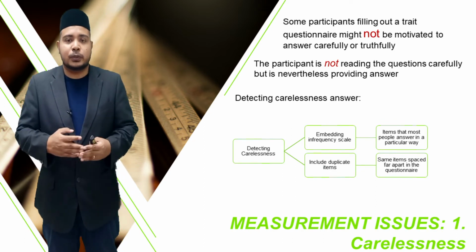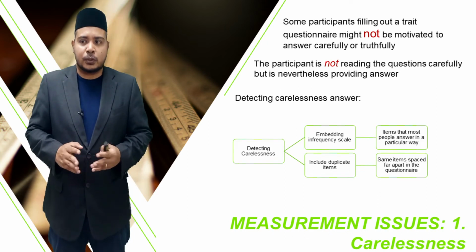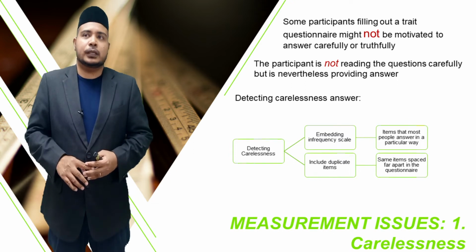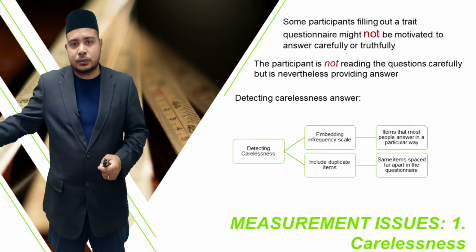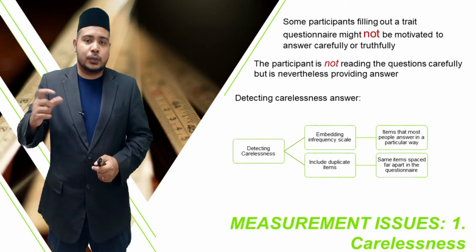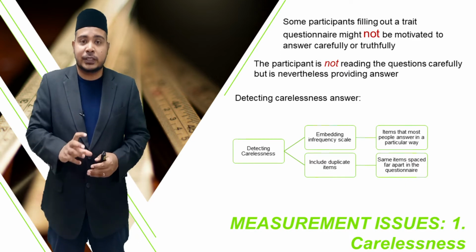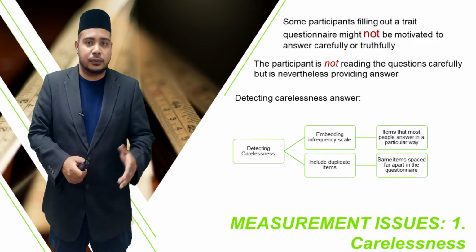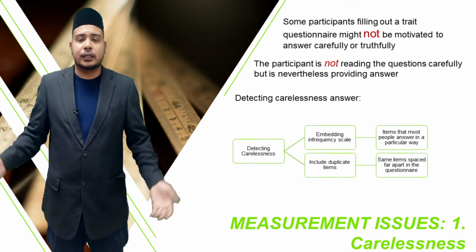Say for example you have one question: in the event that people are required to discuss, I will be giving my opinion, from strongly agree to strongly disagree. This question is already there, but you give the same question again towards the end of the questionnaire. So the same items are spaced far apart in the questionnaire.